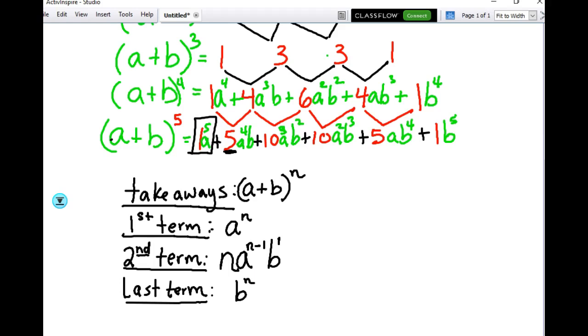So now that we have the background established, let's go ahead and do the proof for the power rule, okay?